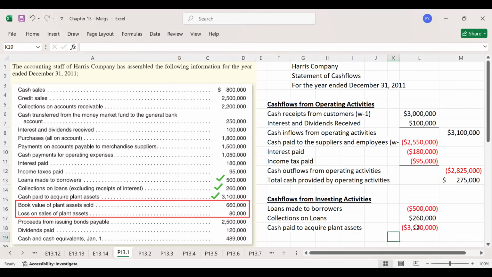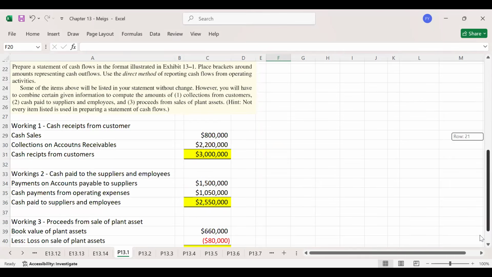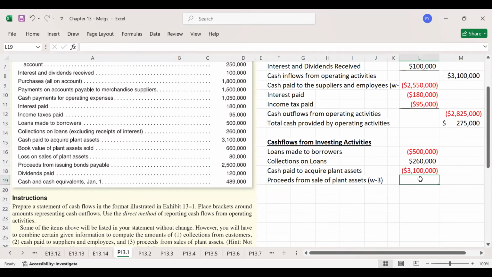Then we have also calculated proceeds from sale of plant assets, which was in the working three. So the proceeds, you can see in the working three, are $580,000.